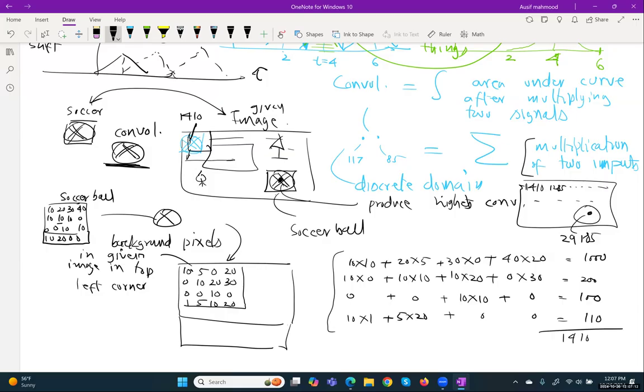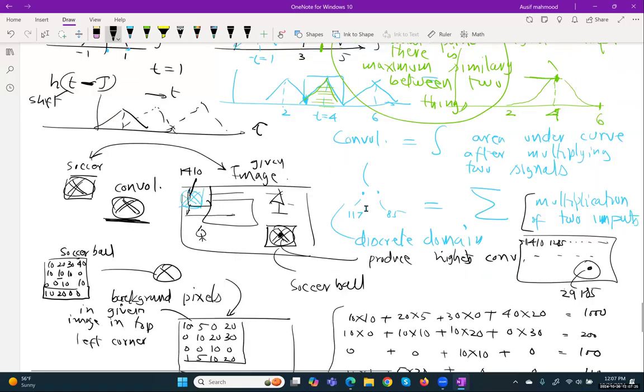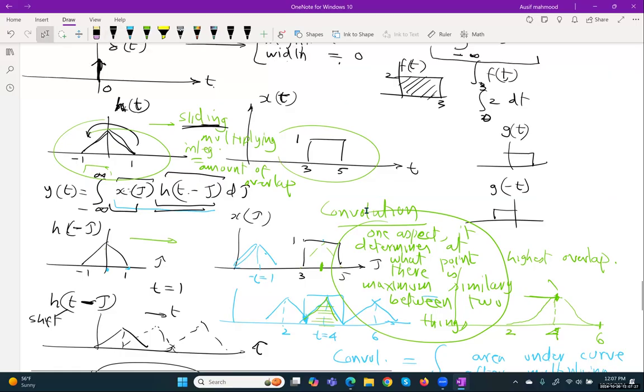Okay, so you can see from an image processing point of view, convolution is very easy to compute. Just multiply the corresponding pixels and add. Once again, don't be intimidated by this integral. All it means is multiply the two things and do the integration.